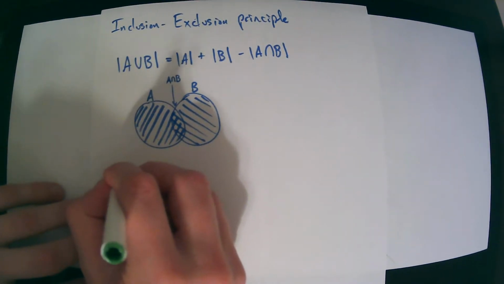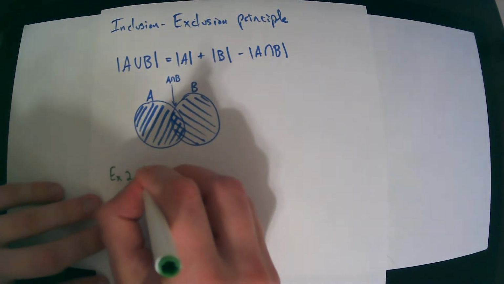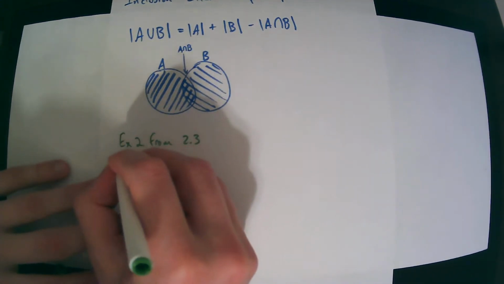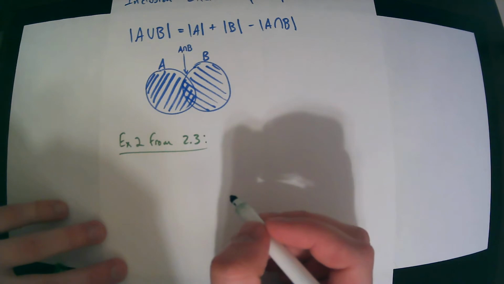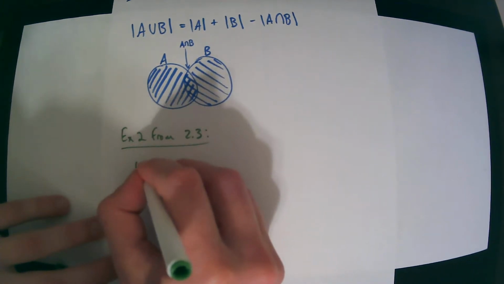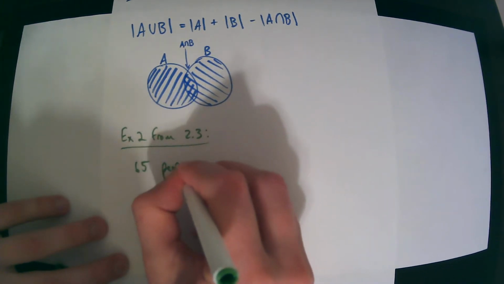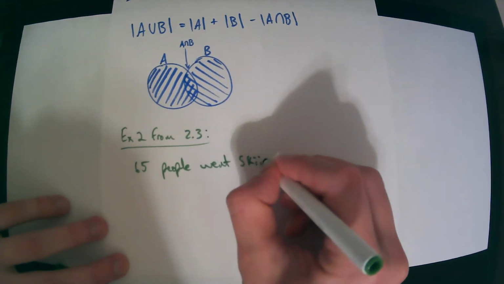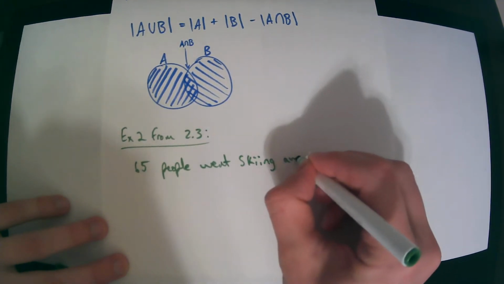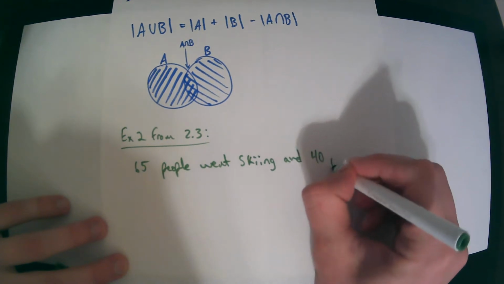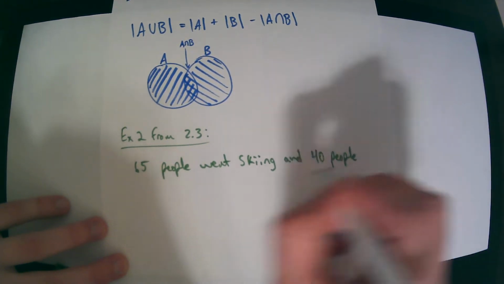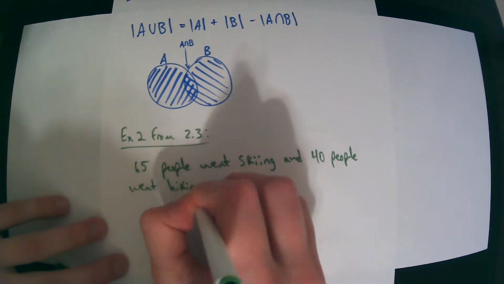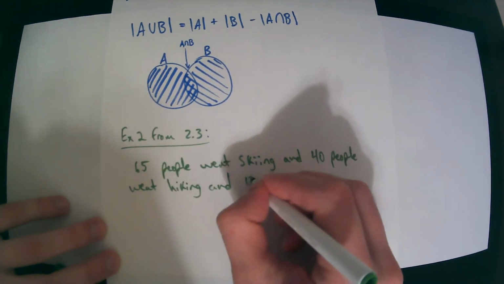Let's say that 65 people went skiing and 40 people went hiking and 13 people did both.